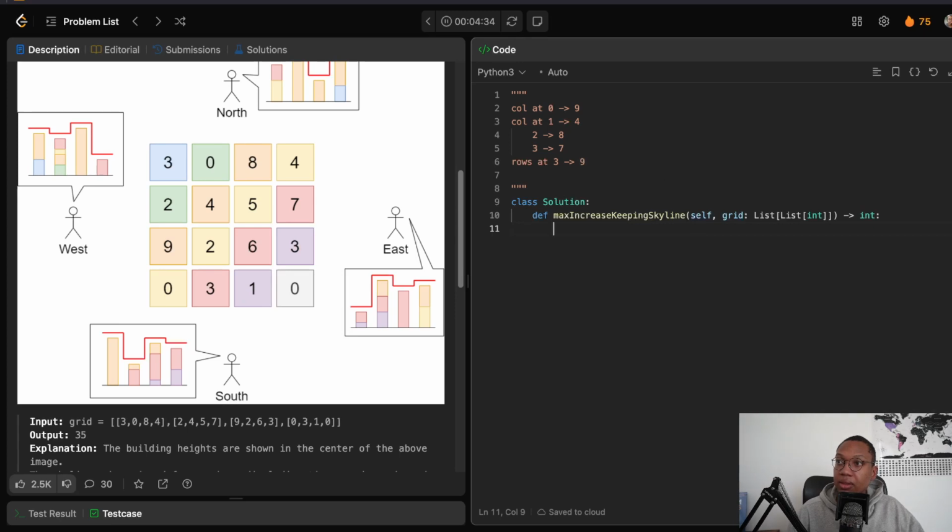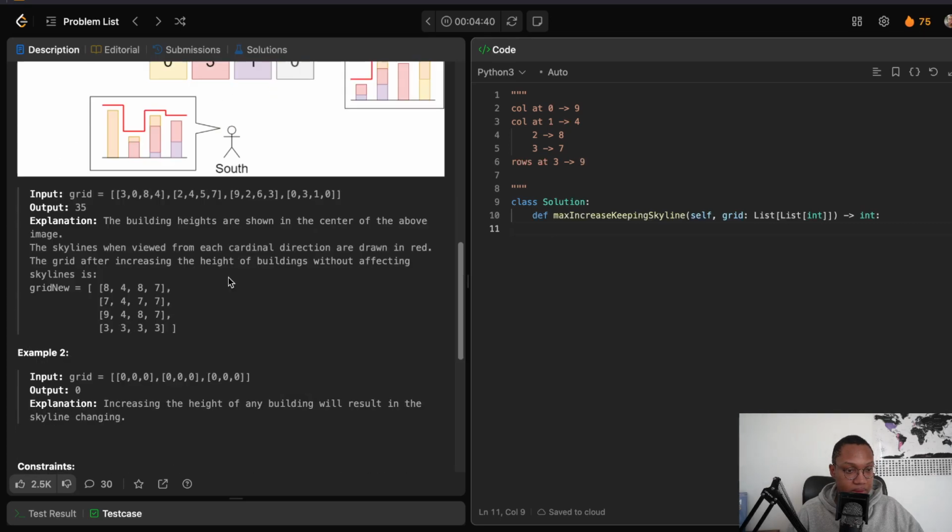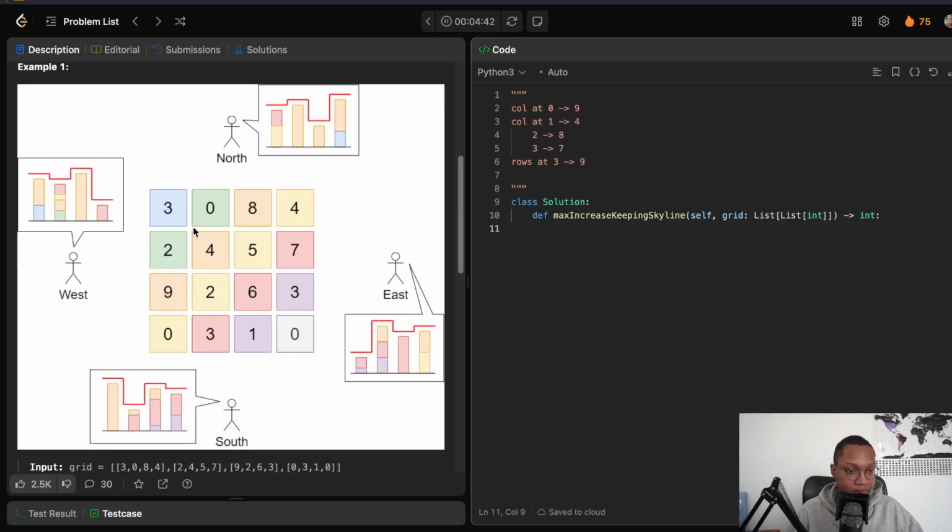But okay, so for implementing this, we're gonna iterate through north, south, east, and west, and we'll have our, I don't know what they call this, X coords.